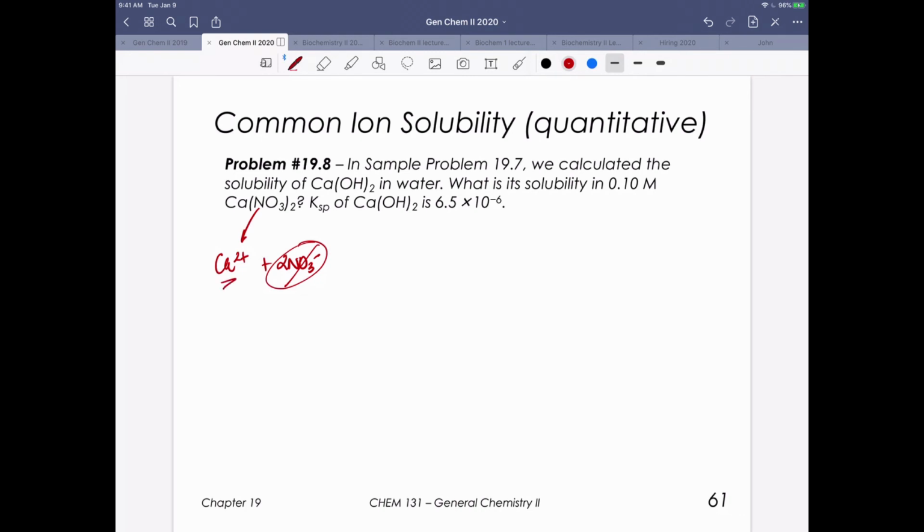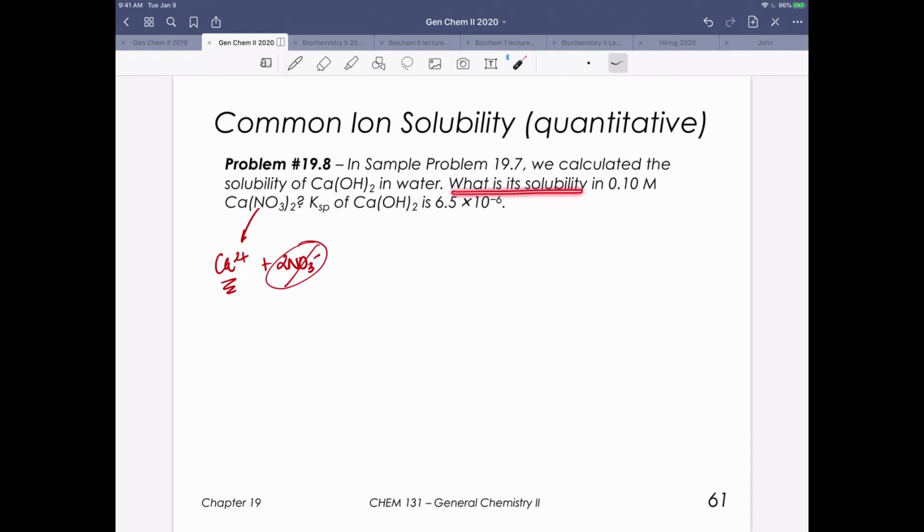But if I'm adding extra calcium ions, if I'm filling up that bucket already, if you will, with calcium ions, hopefully based on our previous discussion, you should be thinking that the solubility of calcium hydroxide is going to go down if we've got a common ion there. The question is, though, how much?